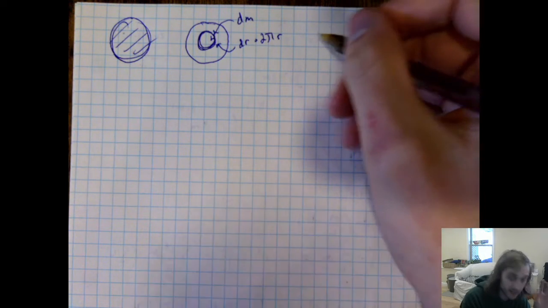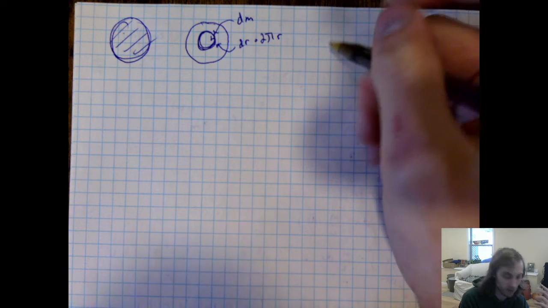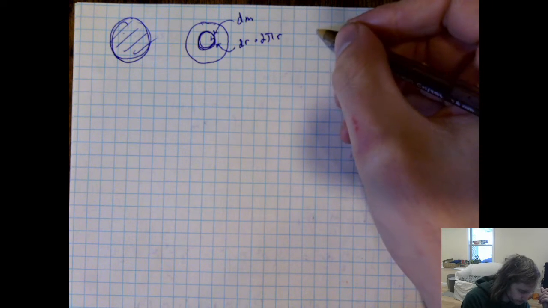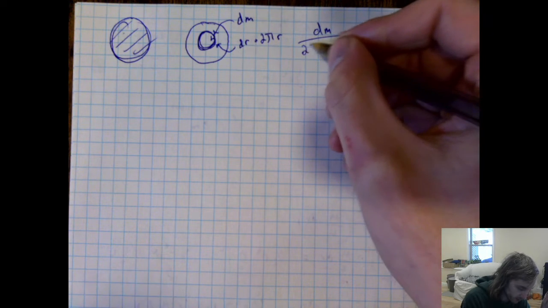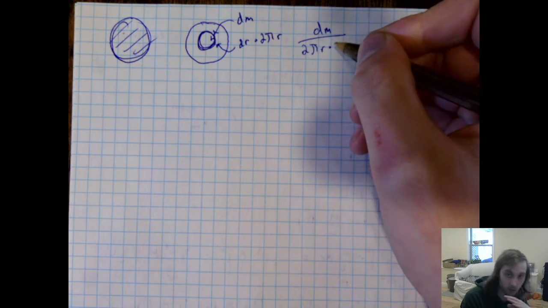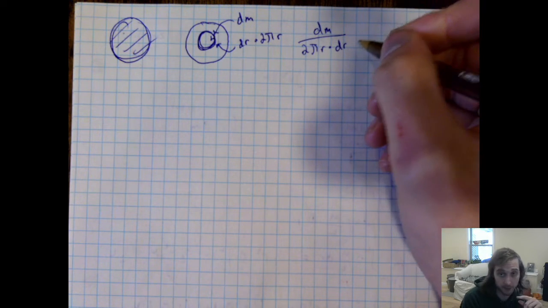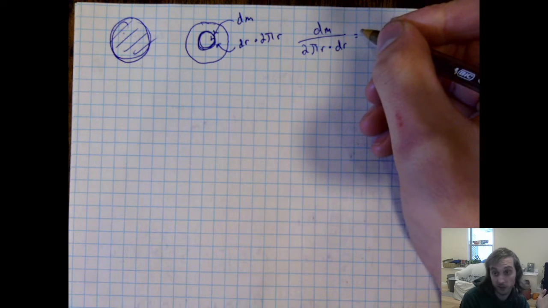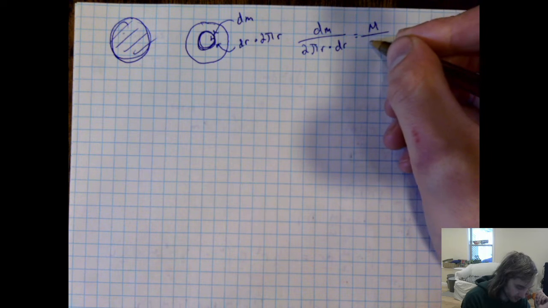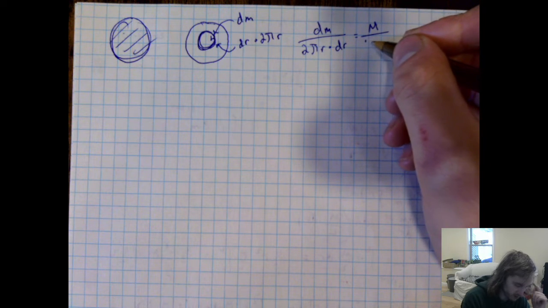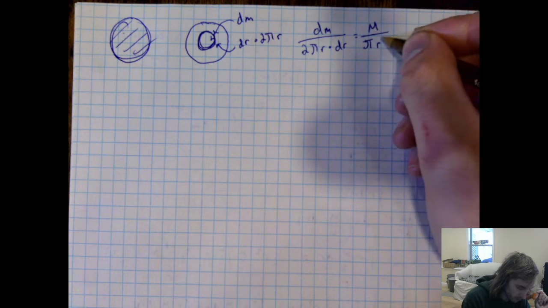So setting up our density, because that's the hardest, really meaty part of any time you're doing this, we'll get dm divided by the area that we're working with, which is 2 pi r, our length for our rectangle, times our infinitely small width dr, which will equal the total mass divided by the total size of our disk, which is pi r squared.